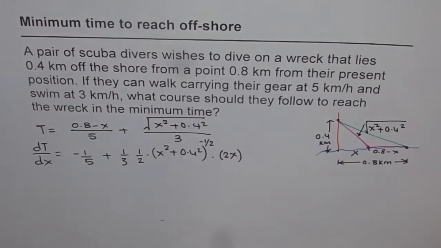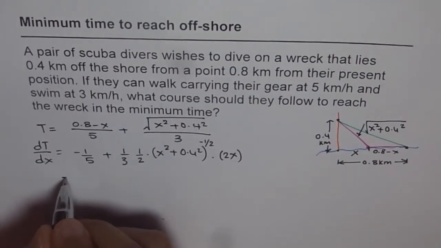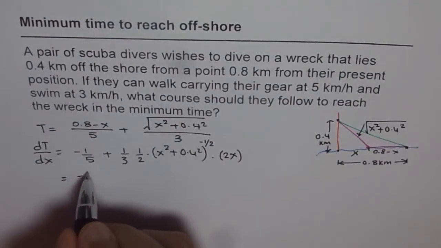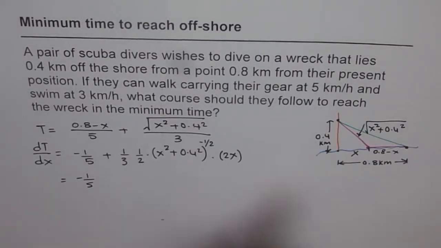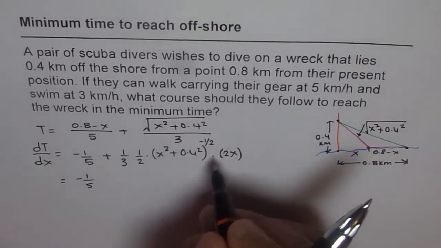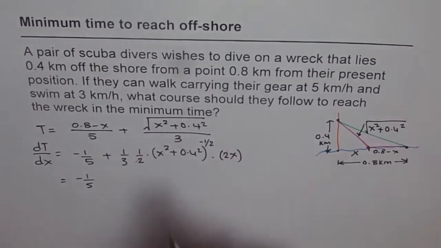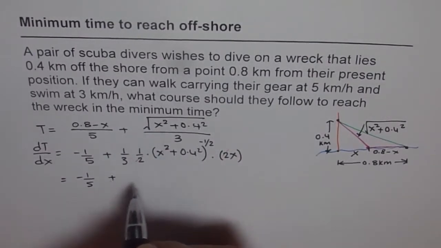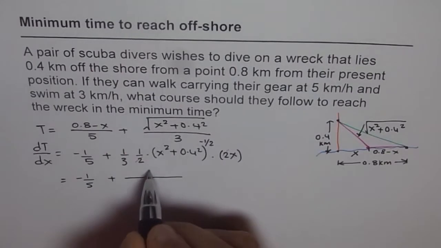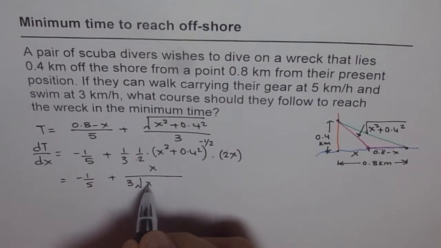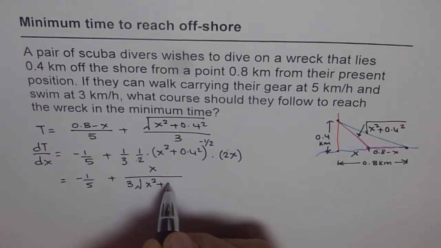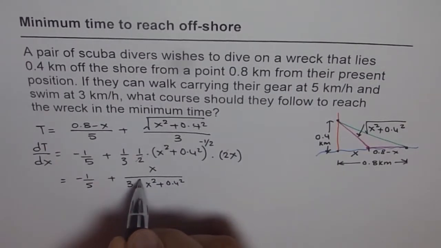So that's what you get. Now we can write it as minus 1 over 5, and here the 2 and 2 will cancel, correct? So we got 3 here, and that comes in the denominator. We get plus, in the numerator x, in the denominator 3 times the square root of x squared plus 0.4 squared.